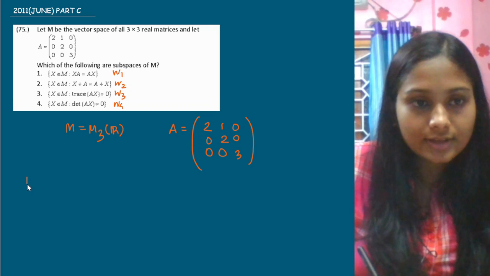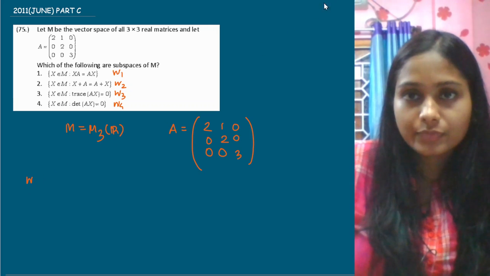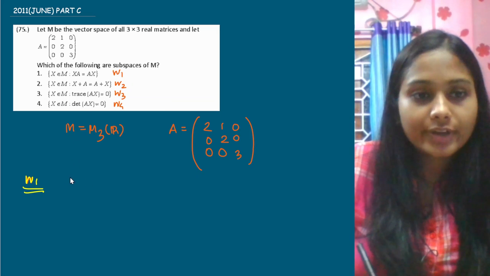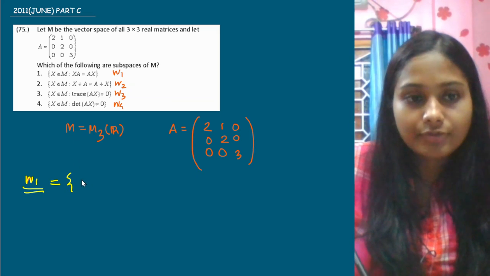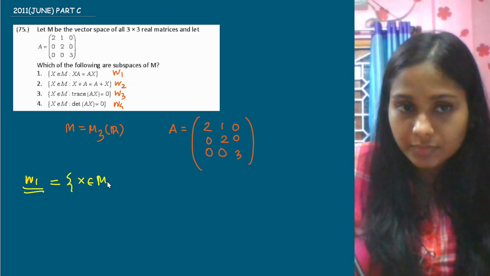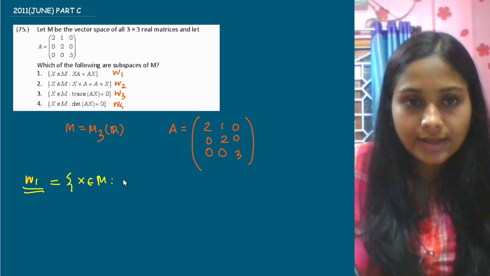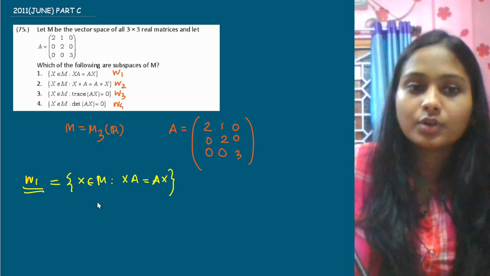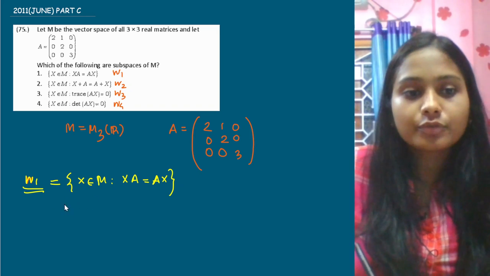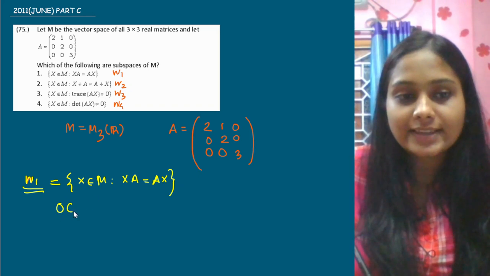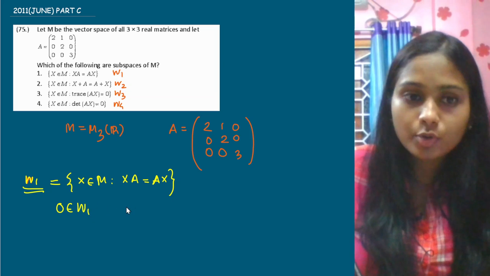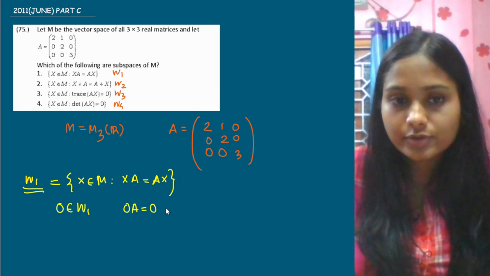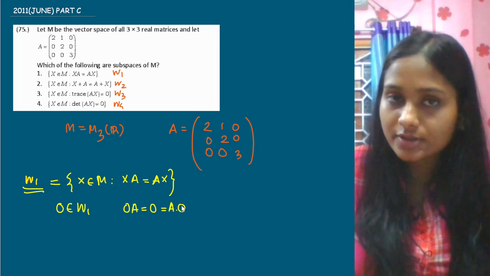For W1, this is defined as X belongs to M such that XA equals AX. First see that 0 belongs to W1, the 0 matrix, since 0A equals 0 equals A times 0.